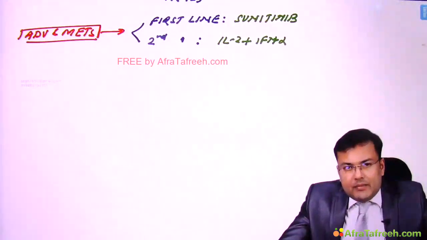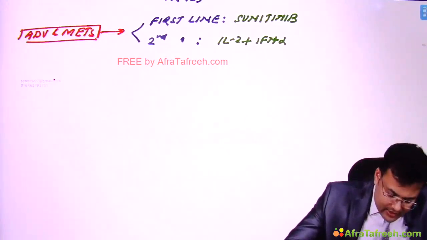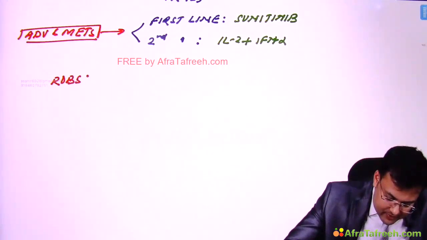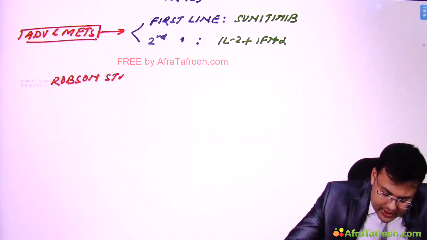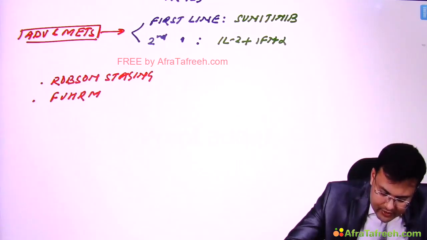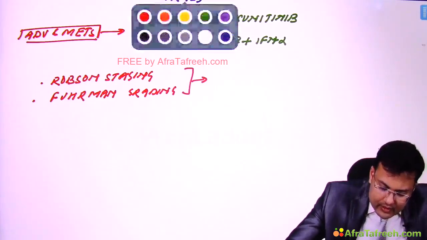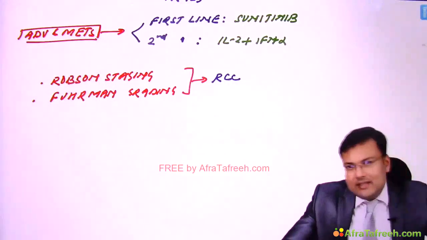There are certain named stagings and gradings which are asked in urology. Okay, so see, there is Robson staging, and there is Fuhrman's grading. Robson staging and Fuhrman's grading, this is for RCC. Then there is Jackson staging.